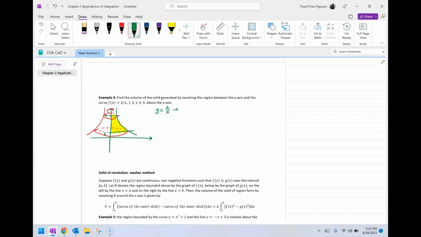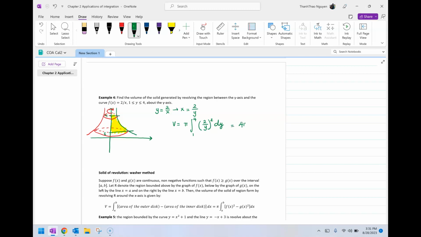We solve this function in terms of y. x equals 2 over y. This is our radius. Okay, so the volume is equal to pi times the integral from 1 to 4 of the radius squared, 2 over y squared, dy.